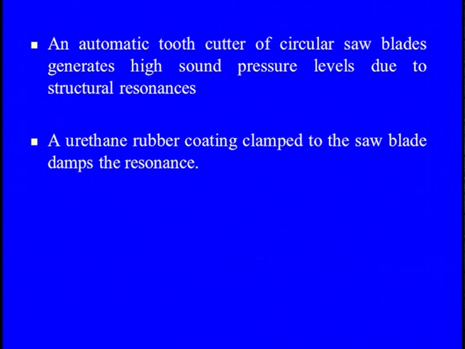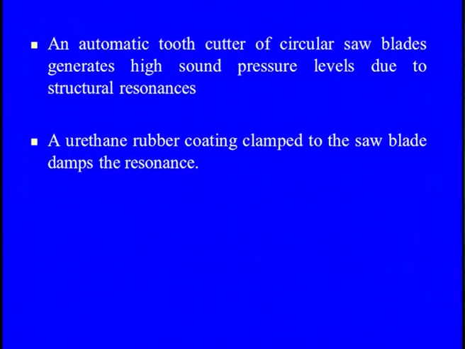An automatic tooth cutter or any circular saw blade generates a high sound pressure level due to structural resonances. With this, a huge amount of vibration at higher frequency regions is generated, and it directly affects the precision of the cutting operations.